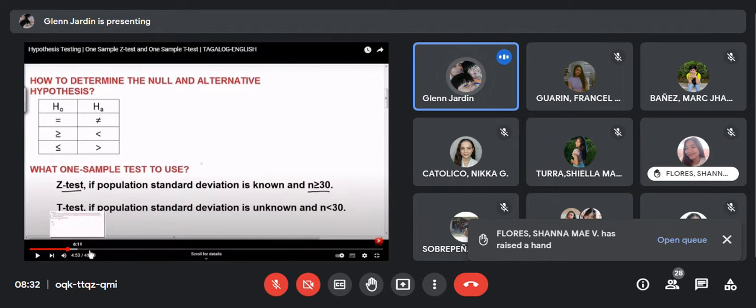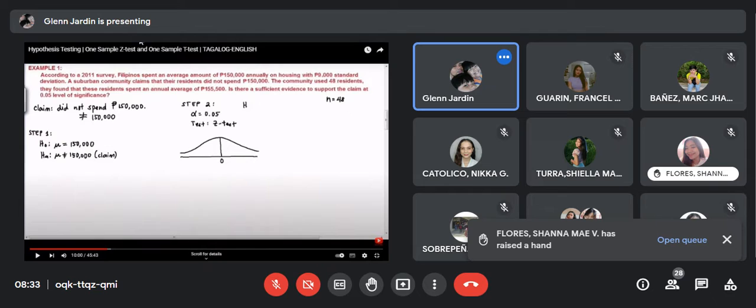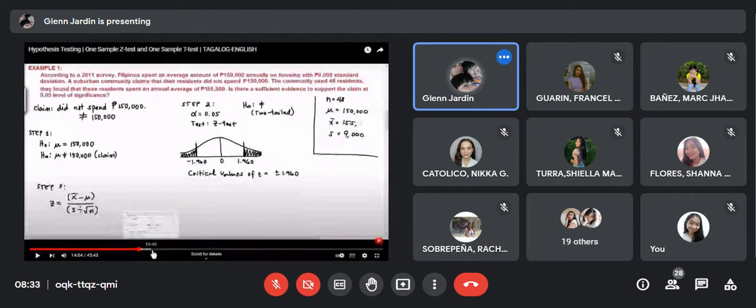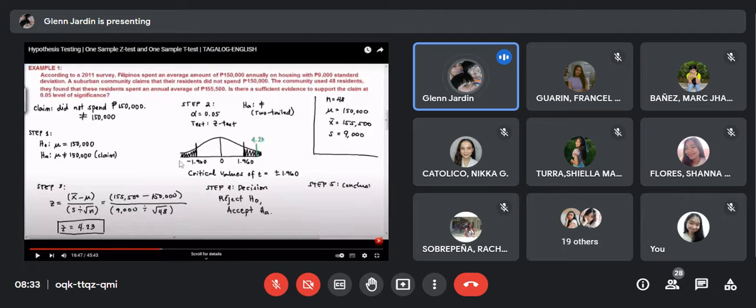Isip ko lang yung ating visual. So I'll be showing the first example. Ayan. Decision. Ayan. Okay.